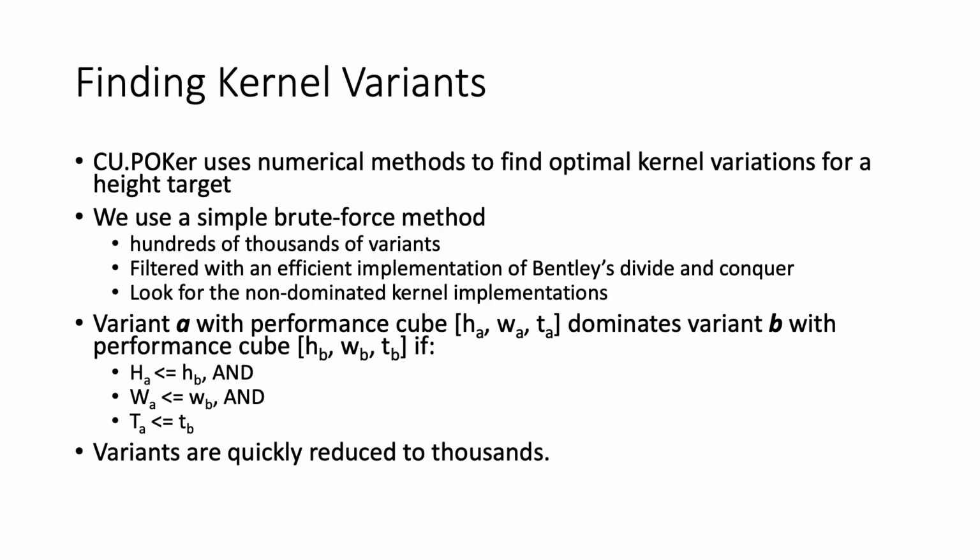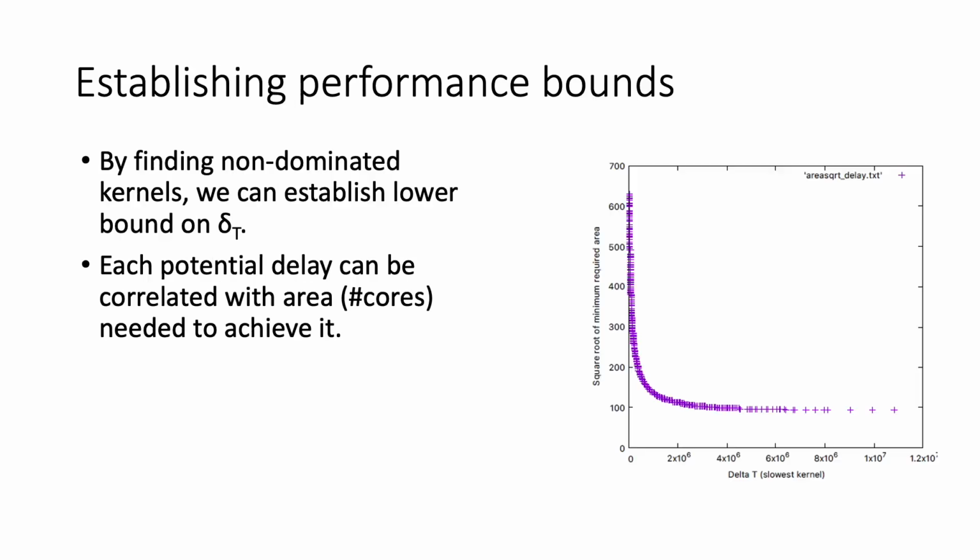And there's a neat thing that comes out of checking through every possible variant. We can establish a performance bound on the entire kernel graph. So for any time delta t, any particular speed, we can find the smallest kernel implementation that meets that target threshold.